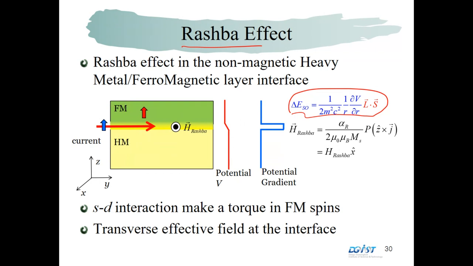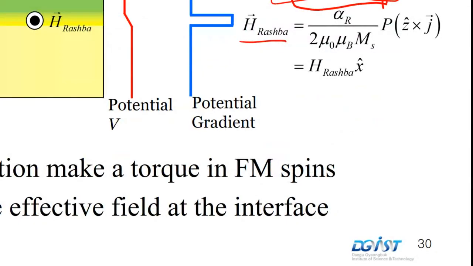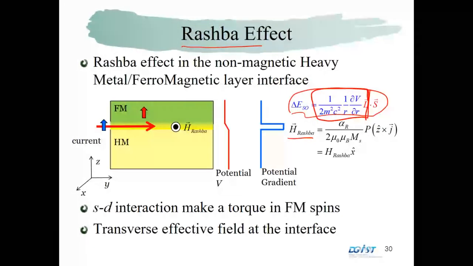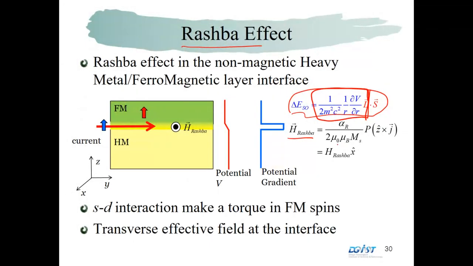And in this expression, the Rashba field, which corresponds to this part, can be expressed in this form here. You can easily think about it: this part, mu0 Ms, when you multiply this term, we always obtain the energy per volume.